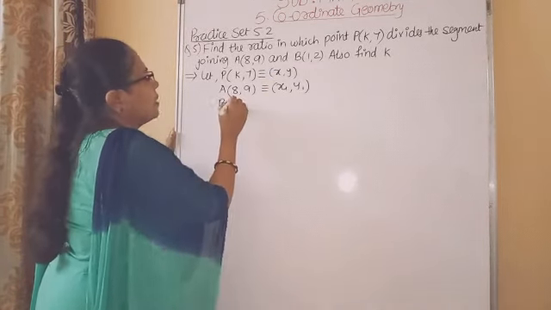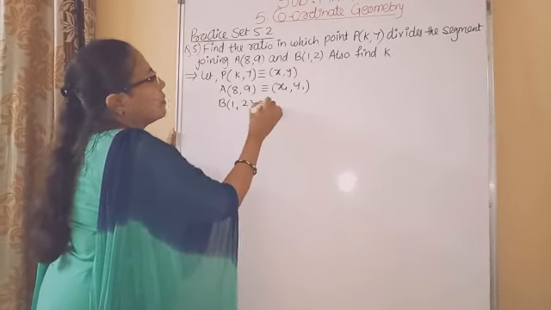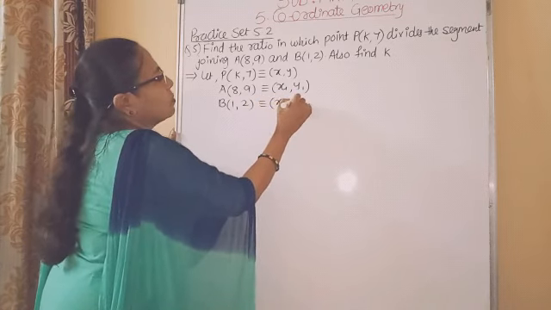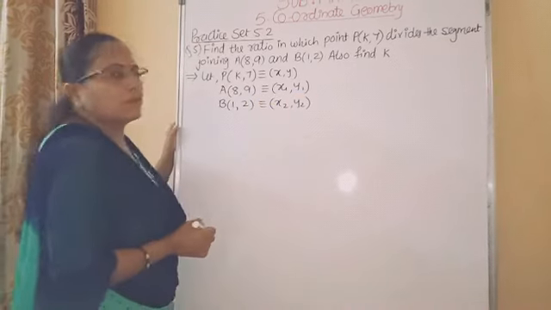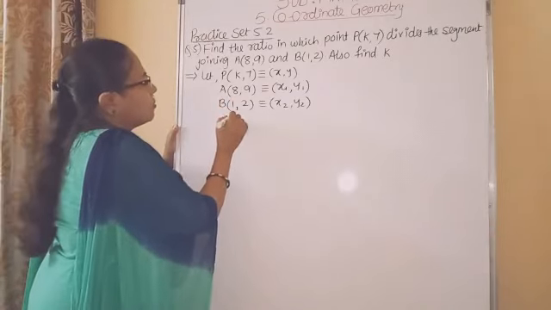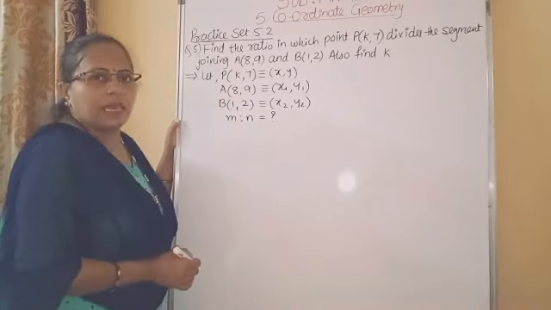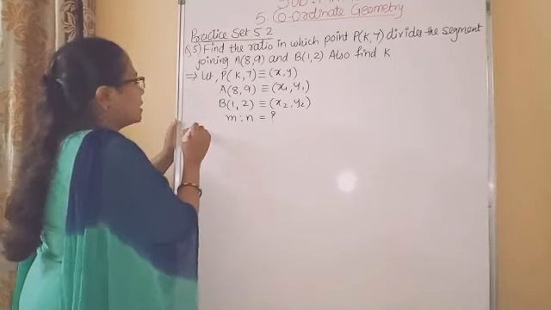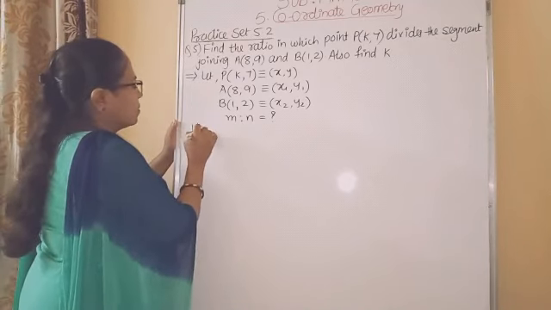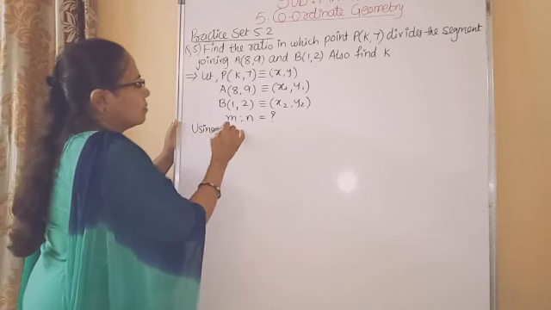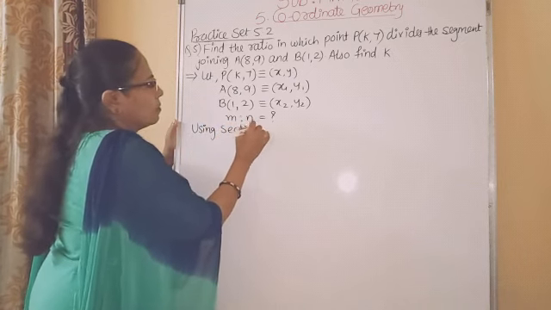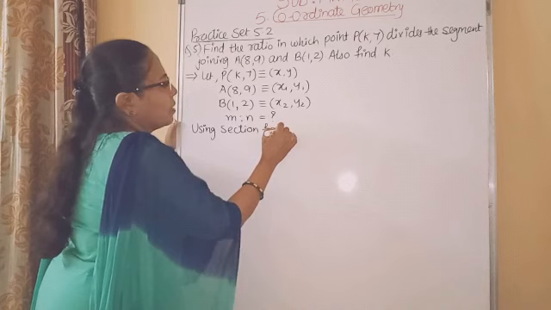Coordinates of point B, 1, 2. These we assume x2, y2. Followed? And we have to find out the ratio, means we have to find m is to n. Okay, so using section formula.